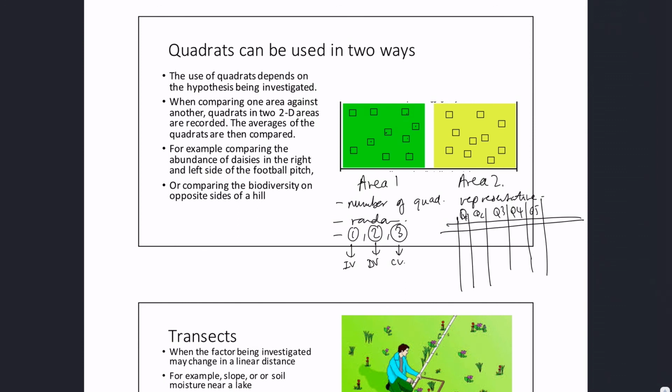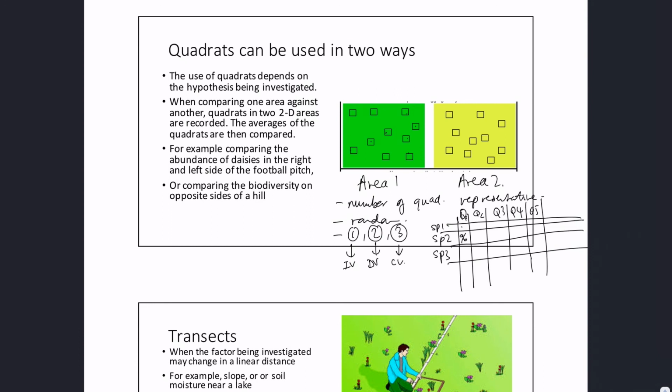And down here, I've got the species: species 1, species 2, species 3. And in these boxes, I'm putting the percentage abundance. It doesn't have to add up to 100. Each square that the species is present in gets counted as occupied completely.